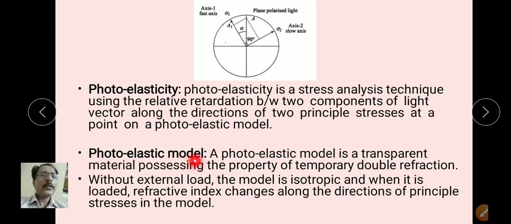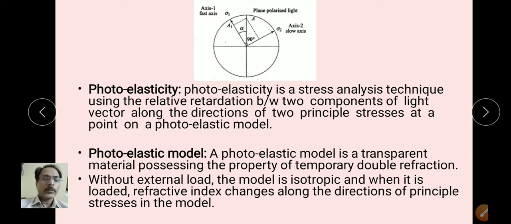The photoelastic model is a transparent material possessing a property of temporary double refraction. Primarily it does not have any variation of refractive index, but when load is applied to the photoelastic material, it turns into a double refractive material.